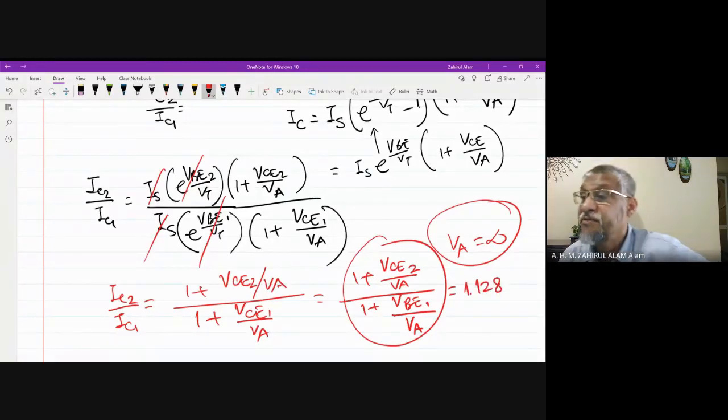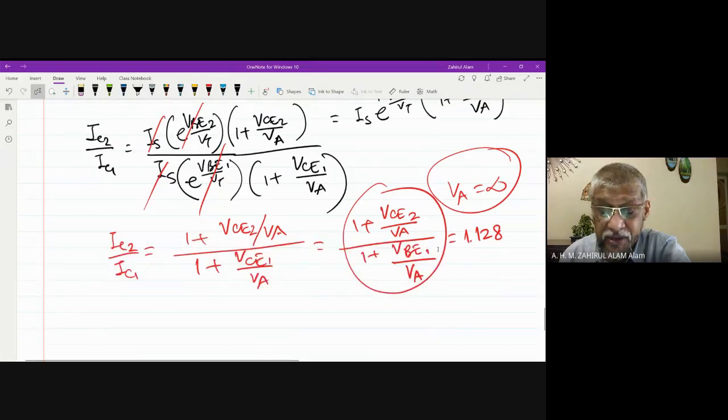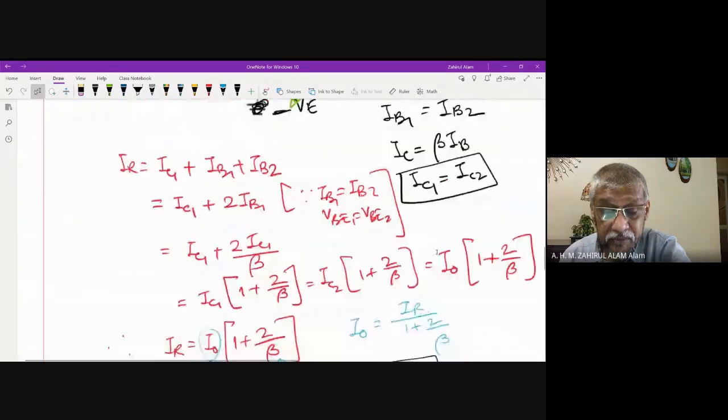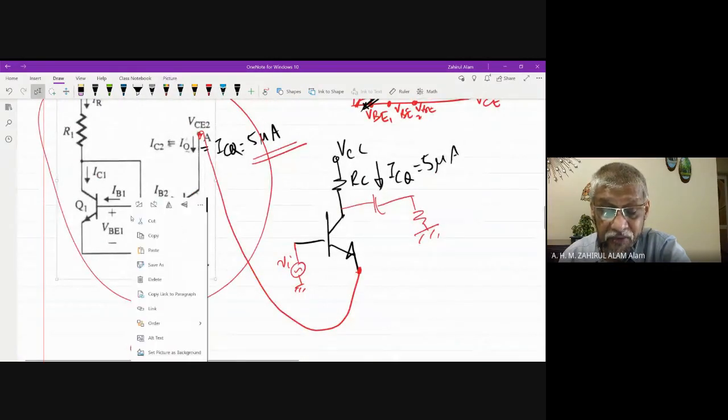So this much variation. So now we know how to design a basic current source, how to find this variation, and how to find the output resistance.